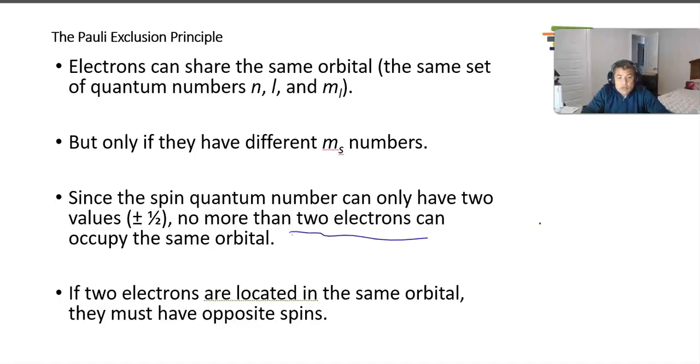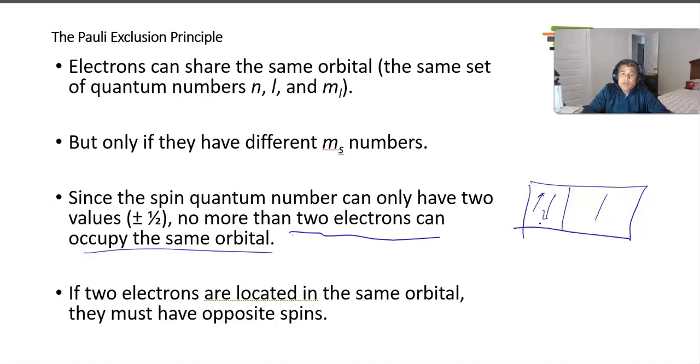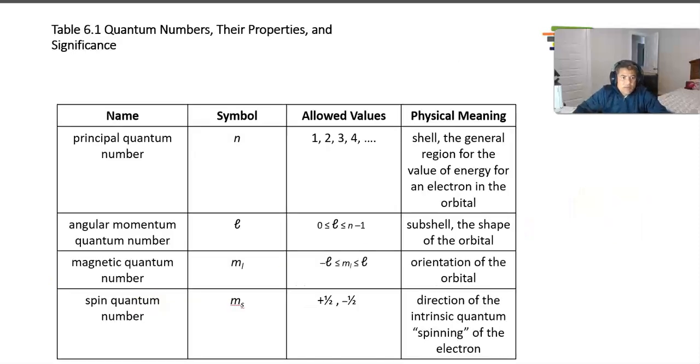No more than 2 electrons can occupy the same orbital. So only 2 electrons can be in one orbital, and the 2 electrons should have different spins. One is spin up and the other is spin down. The spin should be opposite. If one electron is spin up, the other electron should be spin down. And maximum it has 2 electrons. That is the Pauli exclusion principle.